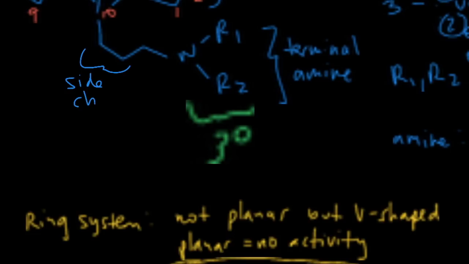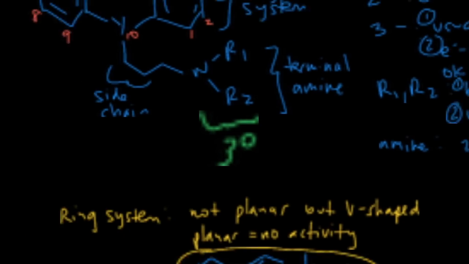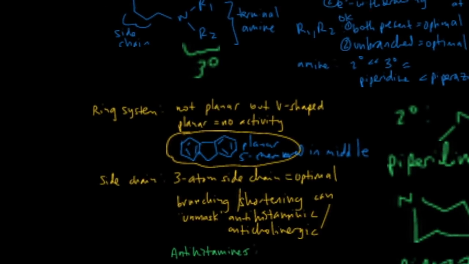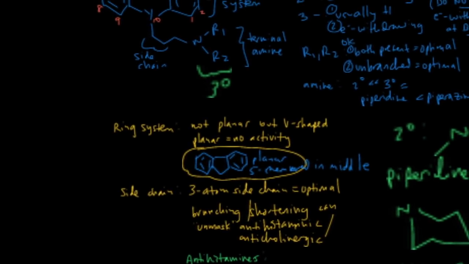Okay, so this is your side chain. I said 3-atom side chains are optimal. So here's carbon 1, carbon 2, carbon 3. So that's 3 carbons. So that is optimal.